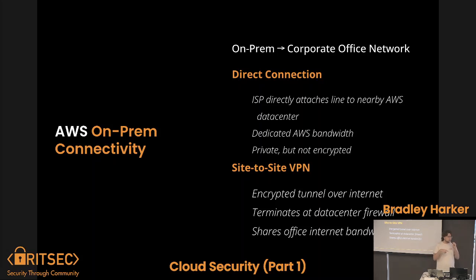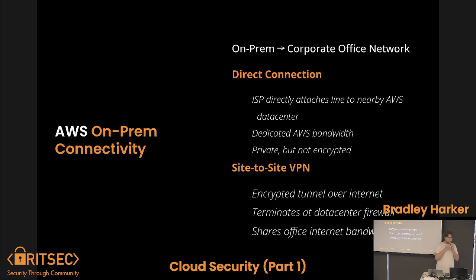The downfall to this is that you are now sharing your standard internet uplink. Let's say your corporate office has a 10 gigabit uplink to your internet service provider. Well, you only have 10 gigabit of bandwidth to share with both your AWS traffic and your standard office network traffic out to the internet. So you're sharing that bandwidth there.